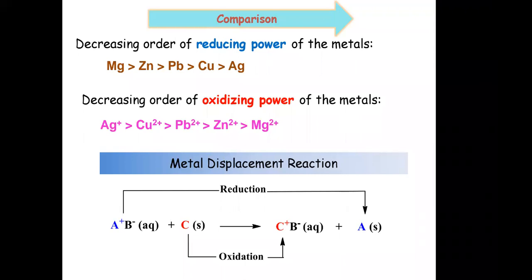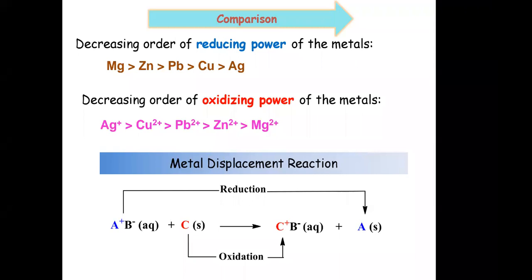AB is reacting with C. It is forming CB, that is also an ionic salt, and elemental A. This is a metal displacement reaction. Why? As C displaces A plus from the aqueous salt, that's why it is a metal displacement reaction.